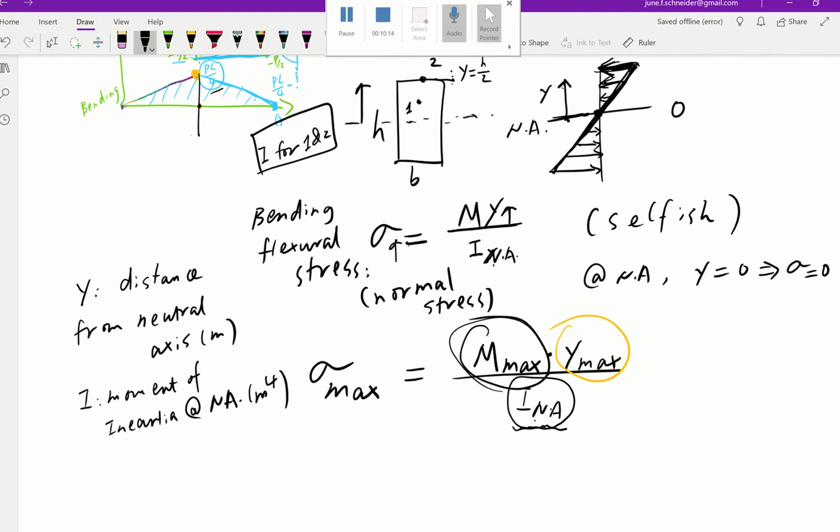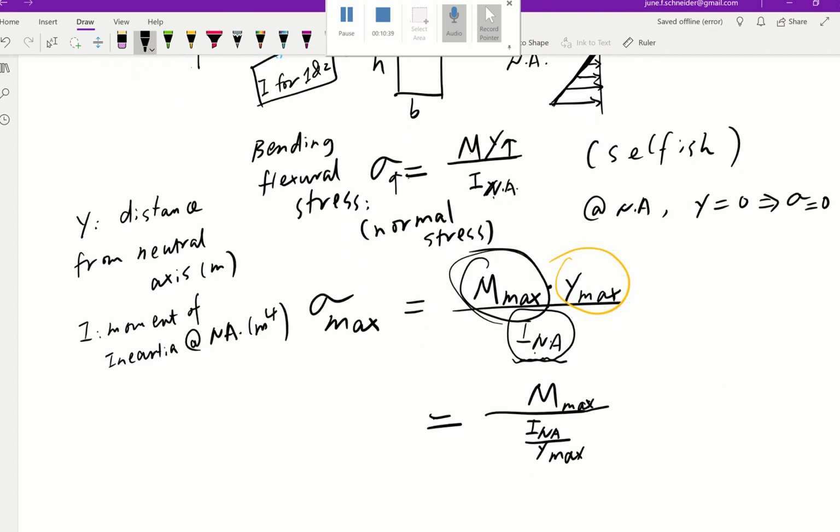Now let's continue. We're going to write sigma as also equal to M over I, neutral axis, over y max, and this is the max here. So why do we do that?